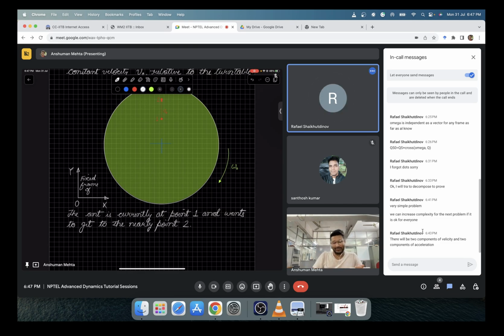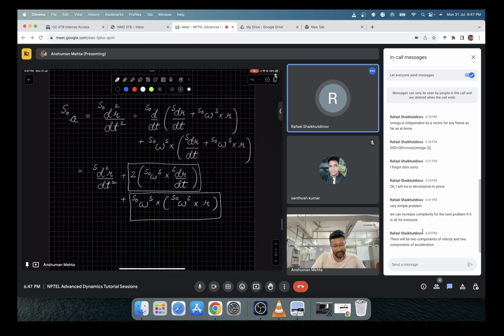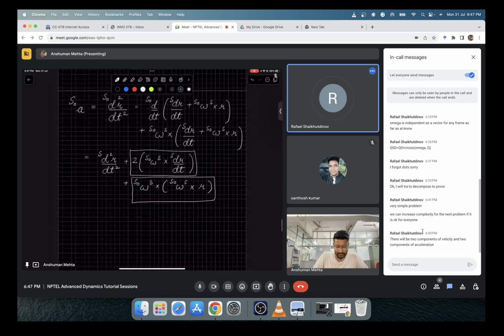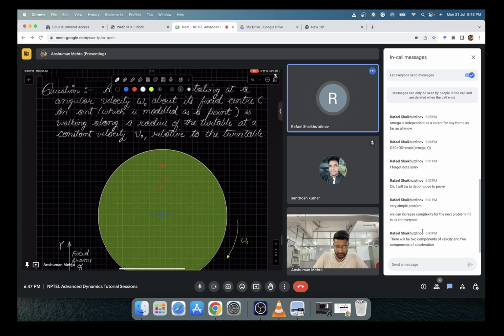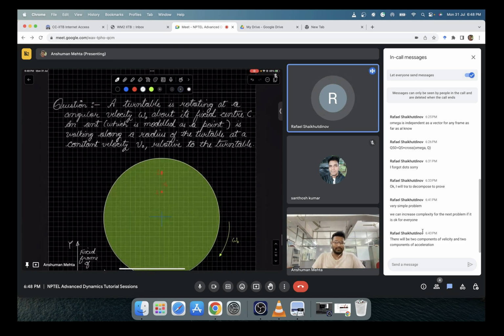Exactly, Coriolis is a force. So these terms are actually the... Great. And the strange thing is, we haven't talked about the masses, the inertia terms, and still we are talking about the forces.